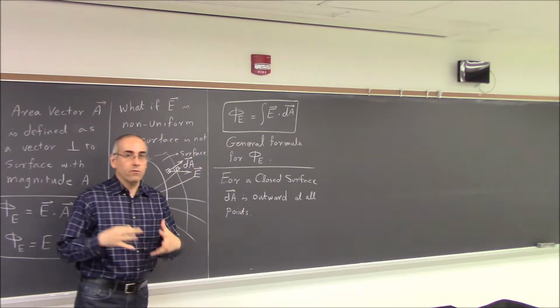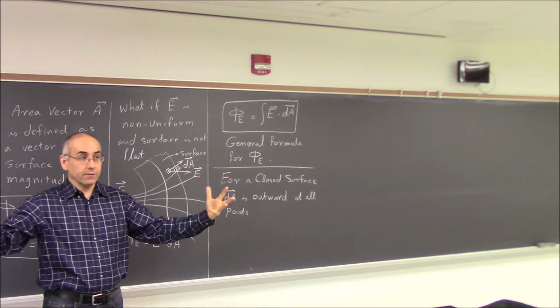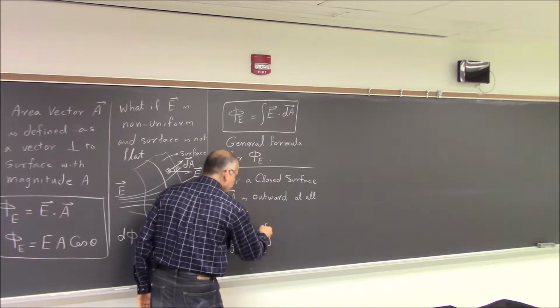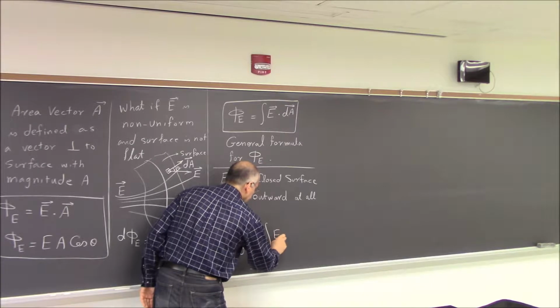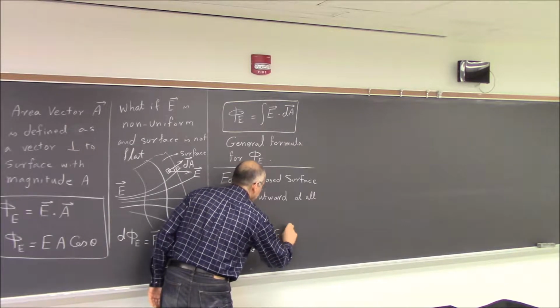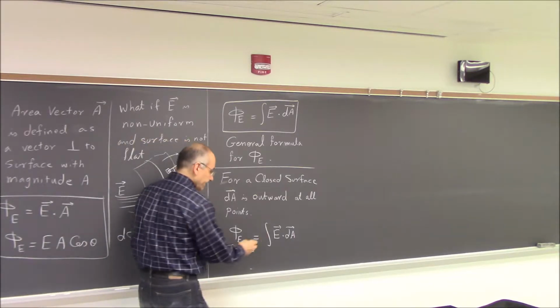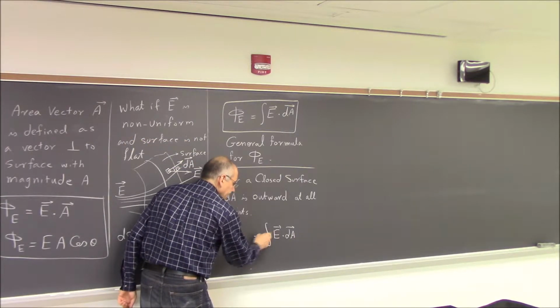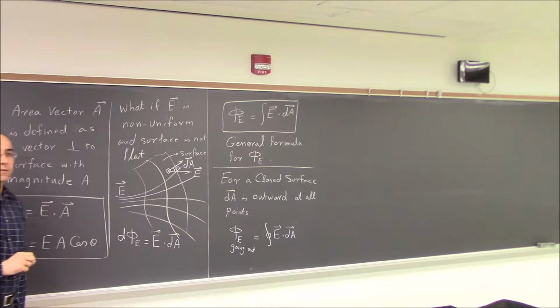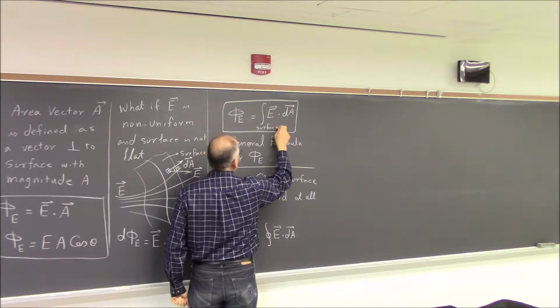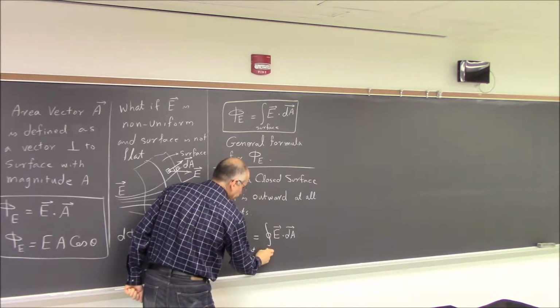And then the flux going out of the closed surface is equal to the integral over the closed surface of E dot dA. And because it is a closed surface, we usually put a circle on the integral to show that it is an integral over the closed surface. Here, the integral is over the surface. Here, the integral is over the closed surface.